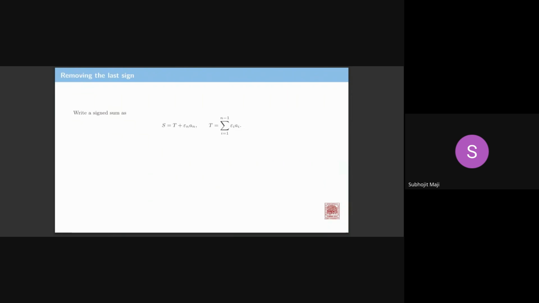So now what we said is we will separate the last term of the vector, that is a_n. We'll separate this term out and we'll try to analyze the summation from i equal to 1 to n minus 1. Right, we'll try to analyze what this is.